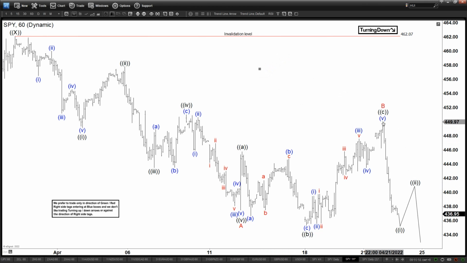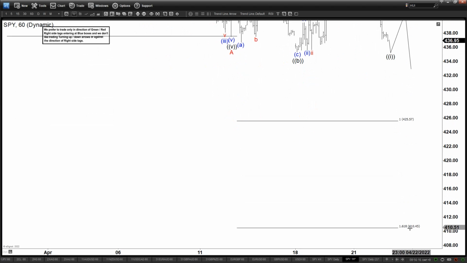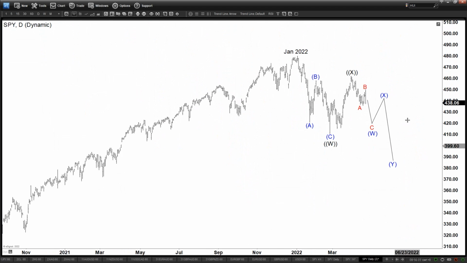But as long as the rally doesn't break above that high from today, we should be looking for more downside. The target to the downside is simply going to be C equal A, which is 426. Between 410 and 426 is your target on the downside, and that will be ending the intermediate W here.